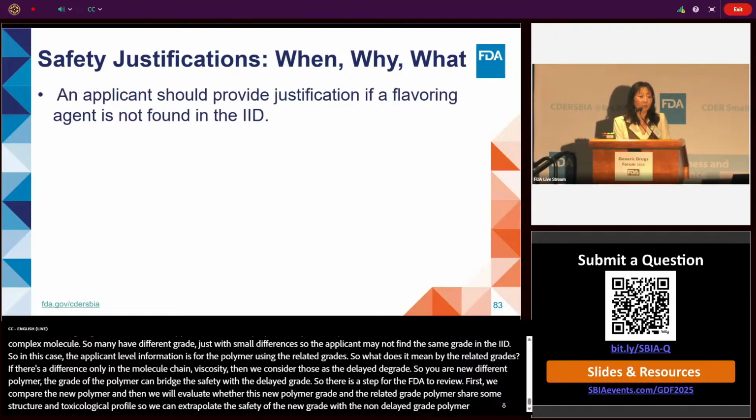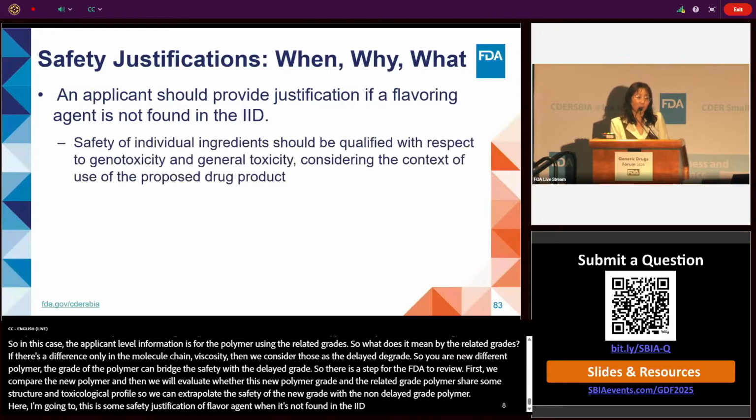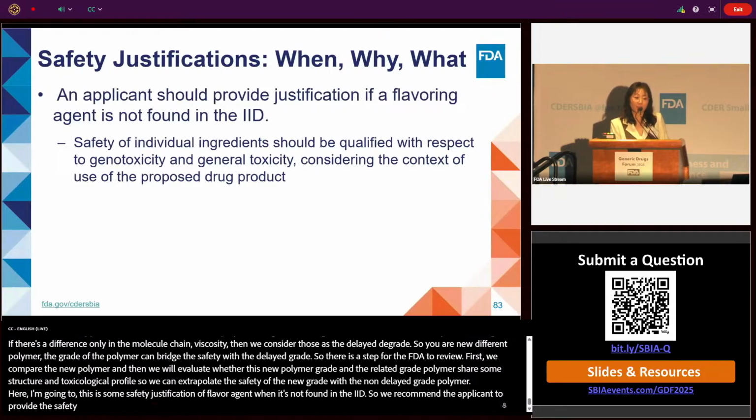Here is some safety justification for a flavor agent when it's not found in the IID. We recommend the applicant provide the safety of each individual ingredient of the flavor to address genotoxicity and general toxicity.